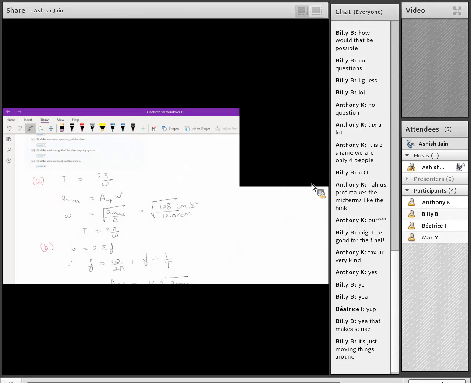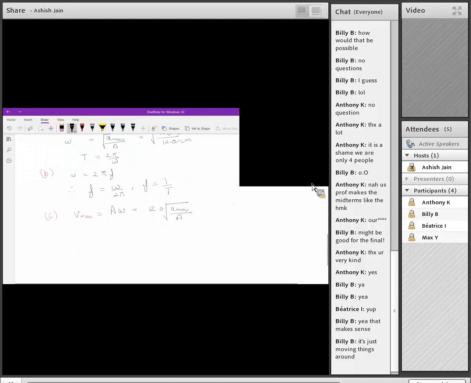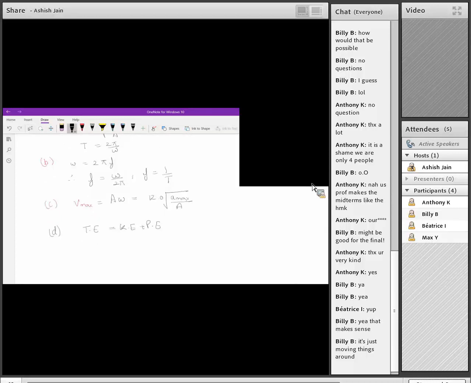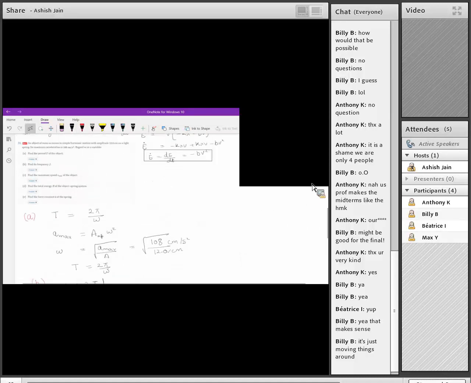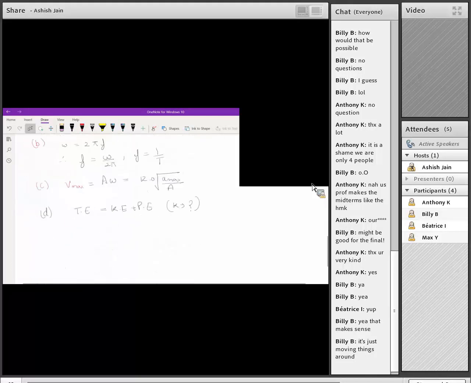Fourth part, find the total energy of the object spring system. It seems like total energy is difficult to find, but it's not. KE plus PE, right? We don't have K, the spring constant. It's not given, right? But we have mass given as m, kilograms. How do we find the total energy now?